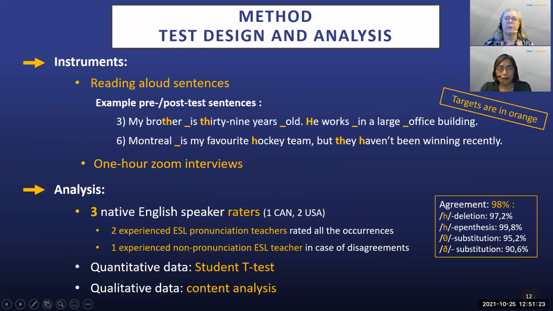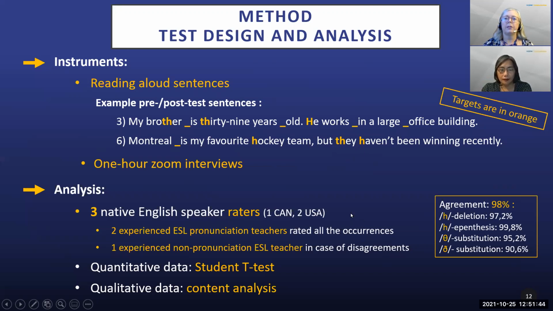So here we see the stimuli used in the pre and post tests. These tests consisted of 25 sentences of varying length, composed of high frequency words that were expected to elicit the TH or H errors. So here are a couple of example sentences with the target segments in orange.